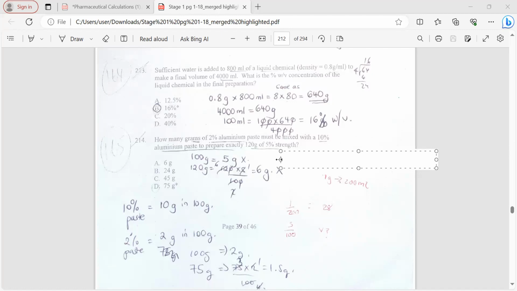Because the 2% is in 100 grams of the paste, but we don't know exactly how much we need to add. If we say 2 alone, 2x, it would mean 5 and 10, or we use 2, 10 and 5. Yeah, we can also use that.